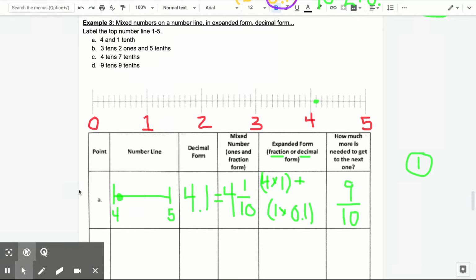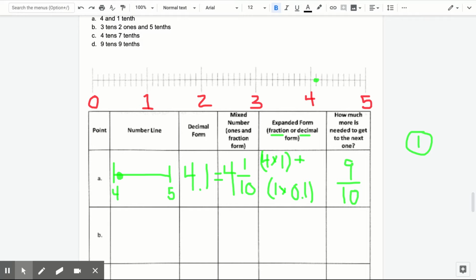All right, so our next one, we are going to do the same steps, different number. So next one, we have 3 tens, 2 ones, and 5 tenths. I'm going to start with my expanded form on this one because I have a lot of pieces here. So I know if I have 3 tens, that's going to be shown as 3 times 10.